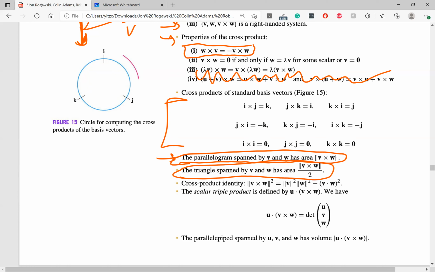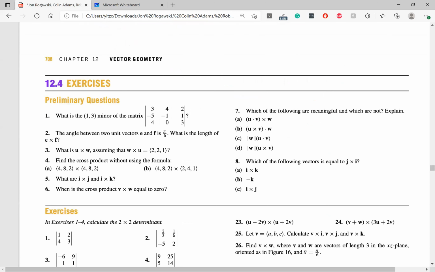Then we saw this fact about determinants, that if you want to find the area of a parallelepiped, you use the determinant. And that's all we have for cross products.